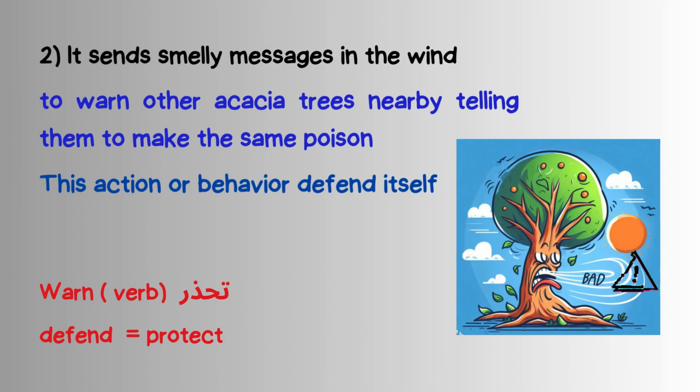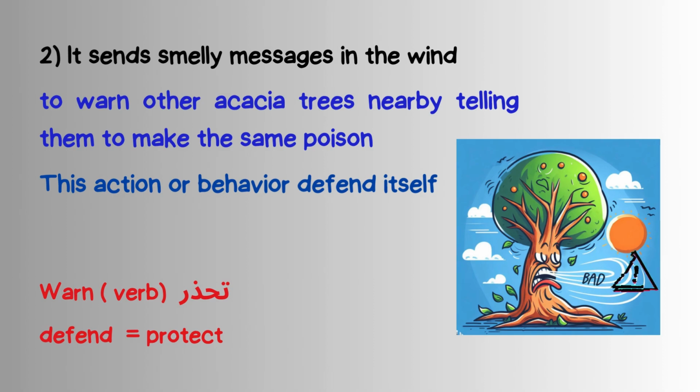And it sends smelly messages in the wind, as it has an odor that travels with the wind to other acacia trees that are near it. Why? To warn them, telling them that there are animals trying to eat from my leaves.